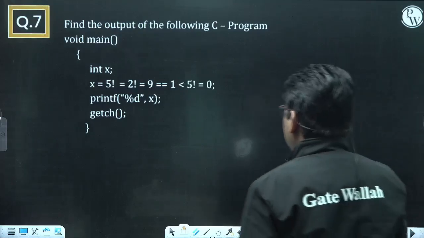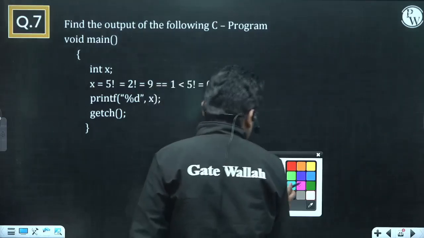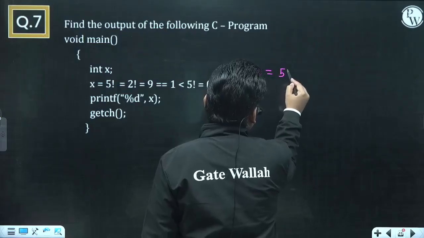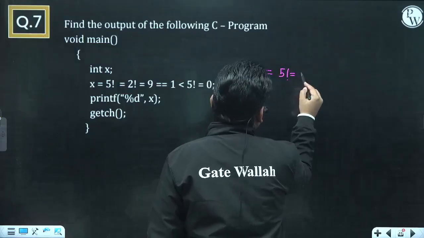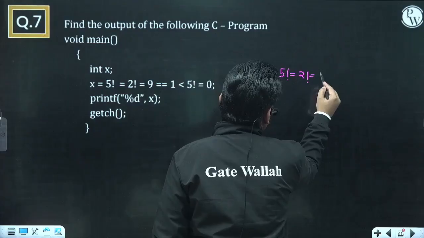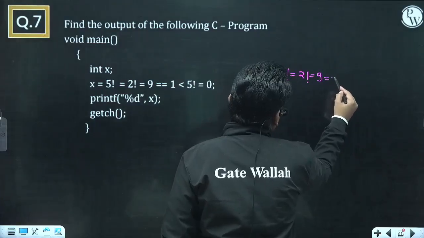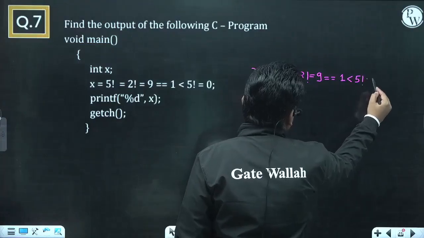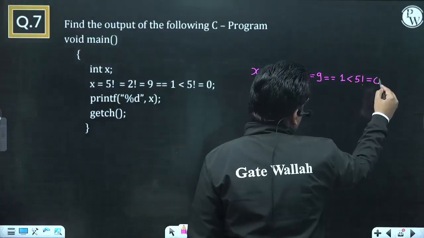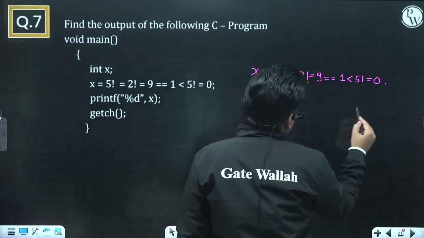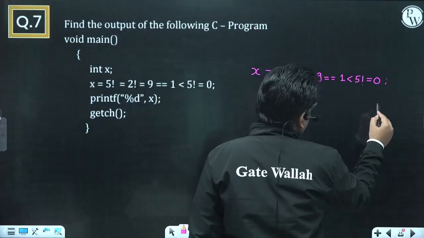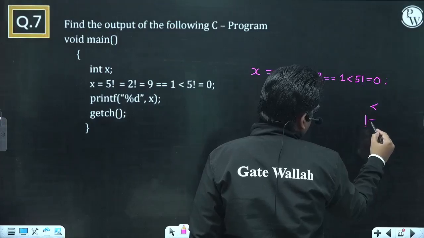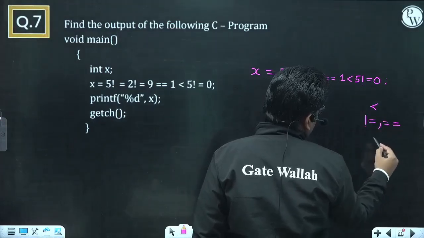Done? Sir, x is equal to 5 not equal to 2 not equal to 9 equal to 1 less than 5 not equal to 0. Now what do we know? Sir, coming to relational operators, the priority of less than is more as compared to not equal to, double equal to, and assignment.